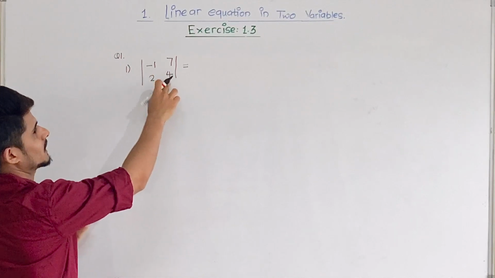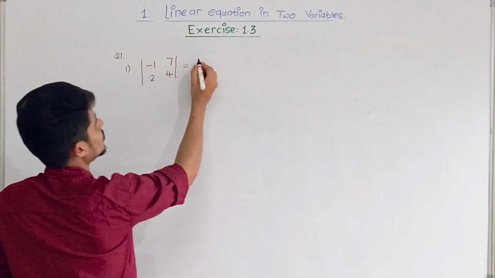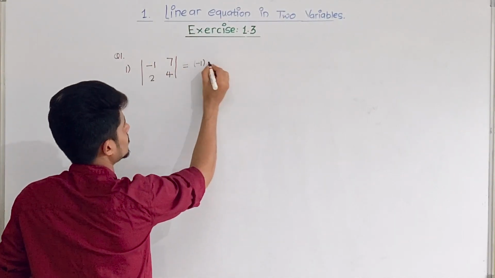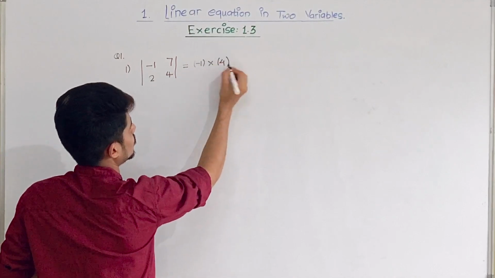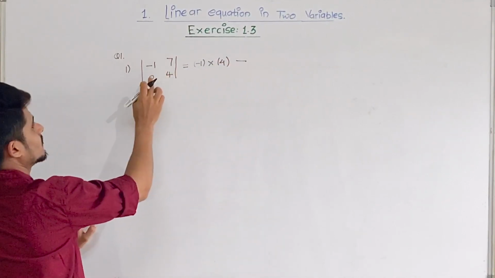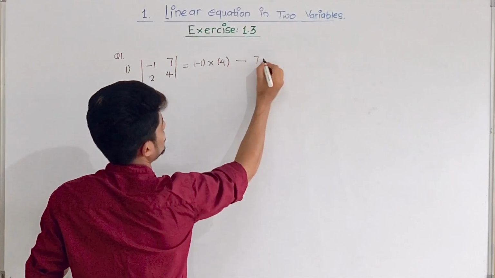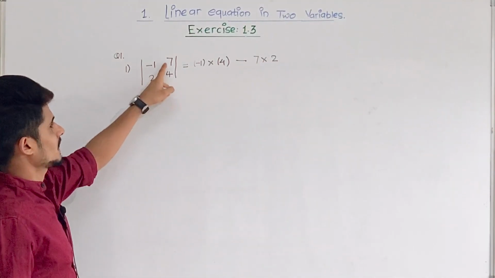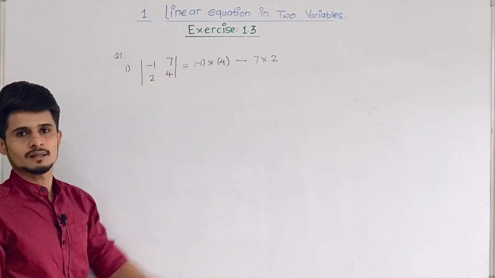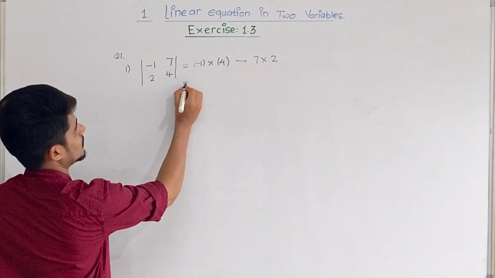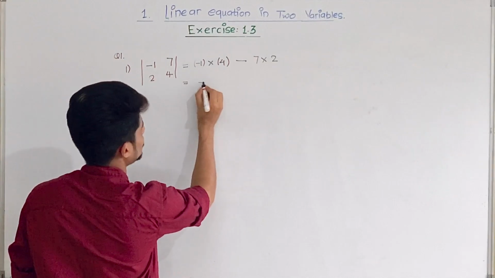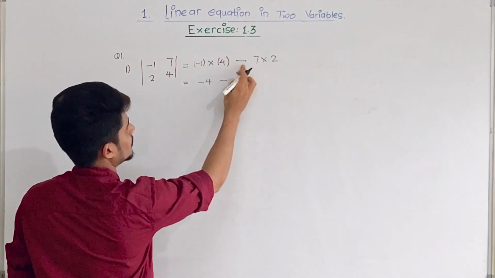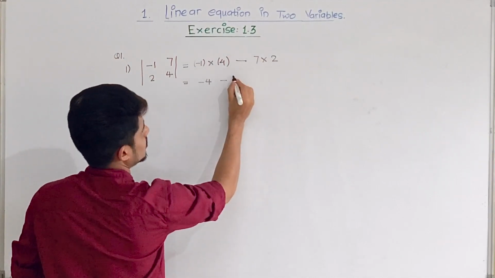Just cross multiply, that is -1 into 4 minus 7 into 2. -1 into 4 is -4, minus 7 into 2 is 14.